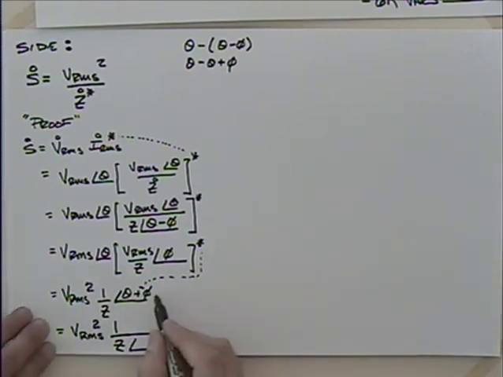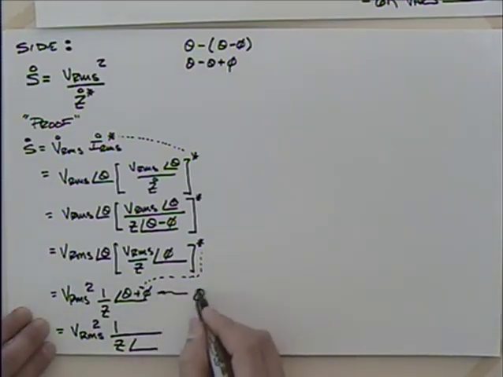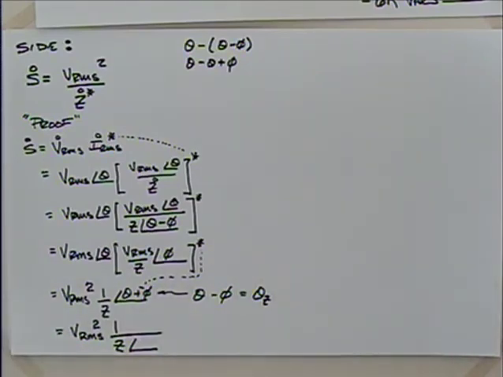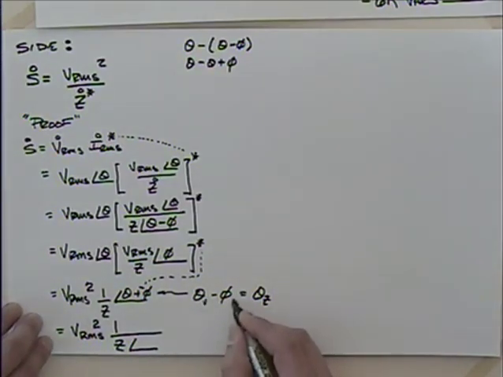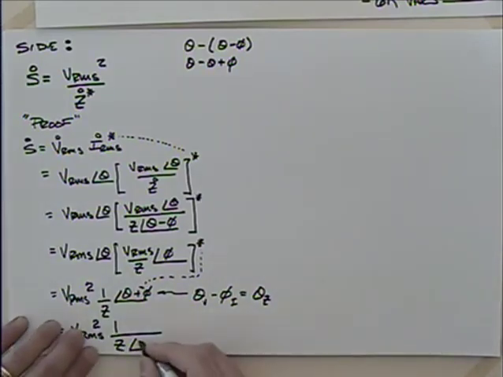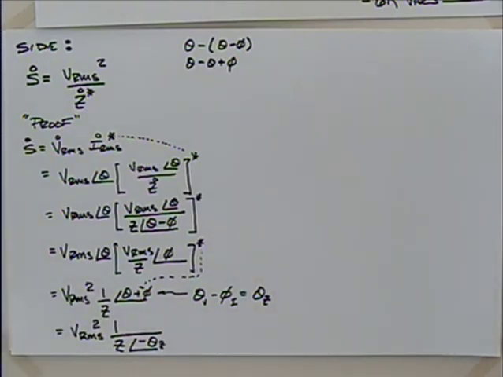I mean, what we have here, where we have theta minus phi, that really is equal to the impedance angle, isn't it? That'd be the angle of the voltage minus the angle of the current. So what if I put this as minus theta sub z? Will that work? Yeah, putting in the denominator, I put a negative sign on it.